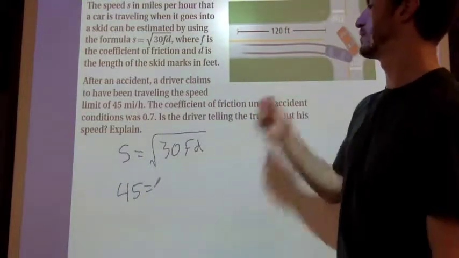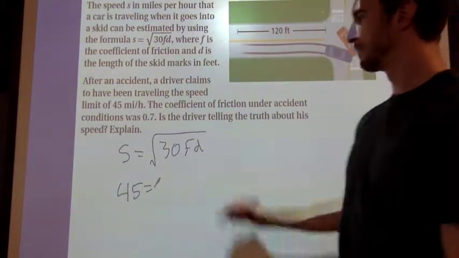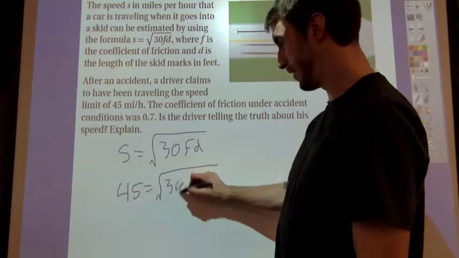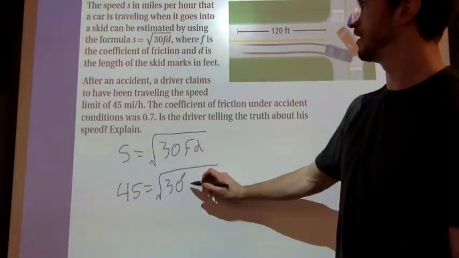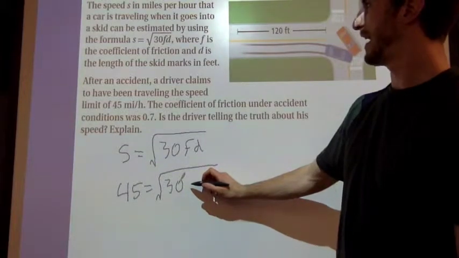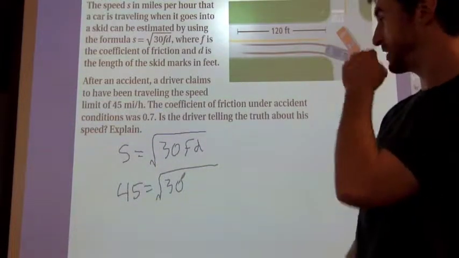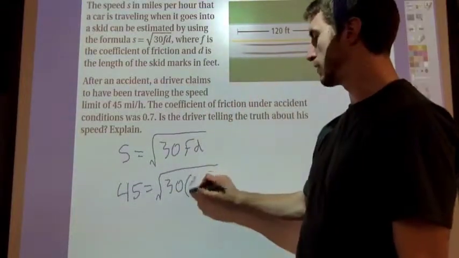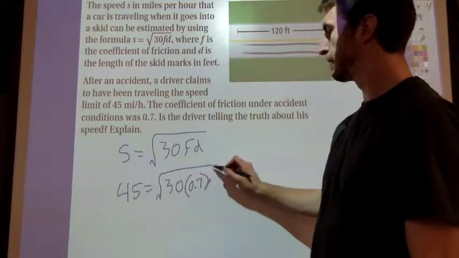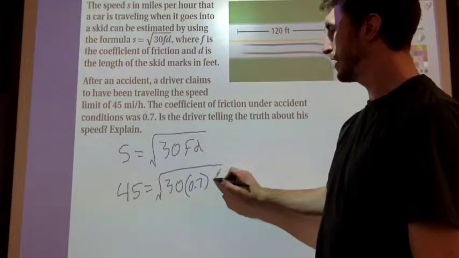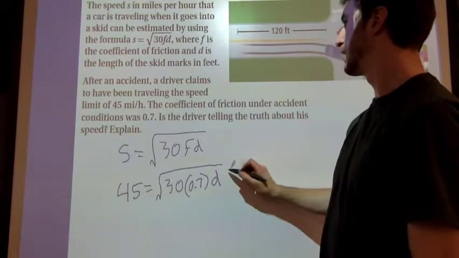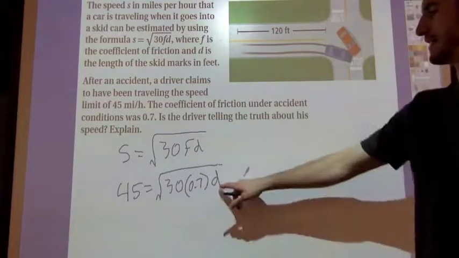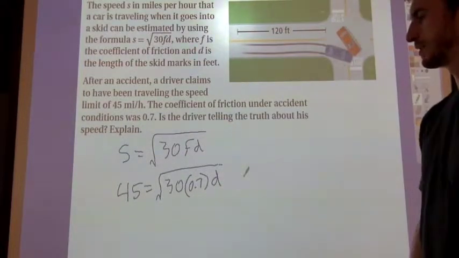I'm assuming that's what the speed limit was because he doesn't want to get in trouble. And we've got the square root of 30 times the coefficient of friction, F. The coefficient of friction on this particular road was 0.7, okay? And we're trying to figure out D, the distance of his skid marks.